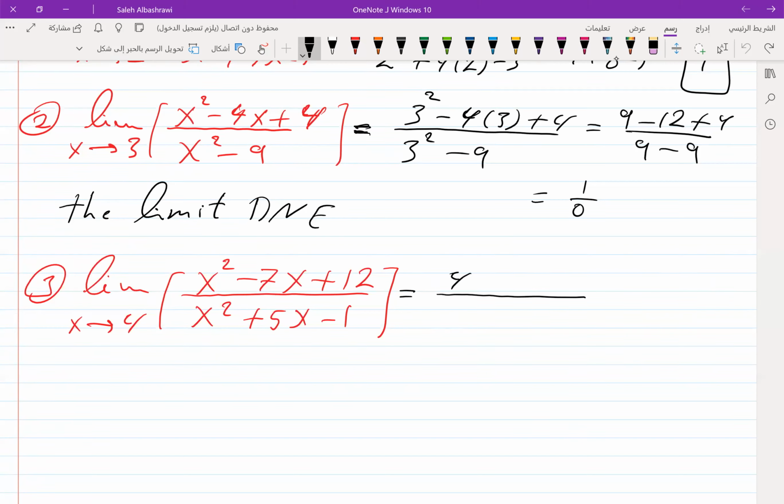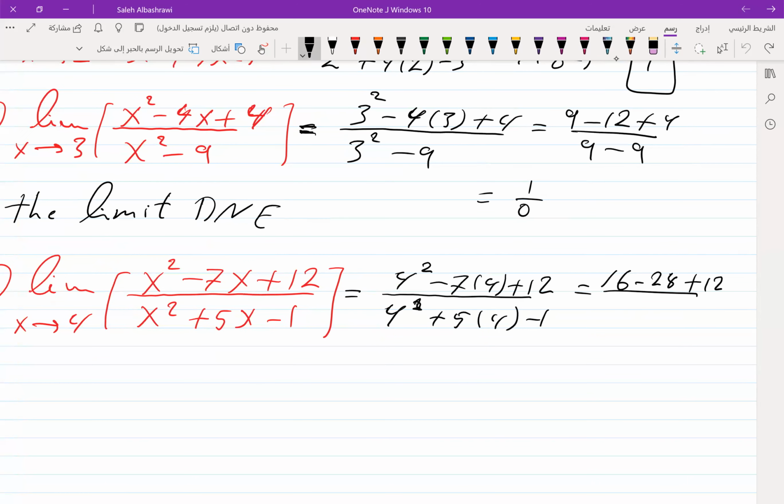So I'll have 4 to power 2 minus 7 multiplied by 4 plus 12 divided by 4 squared plus 5 multiplied by 4 minus 1, which is equal to 16 minus 28 plus 12 up, divided by 16 plus 20 minus 1, and this will give me 0 divided by 35, which is equal to 0.